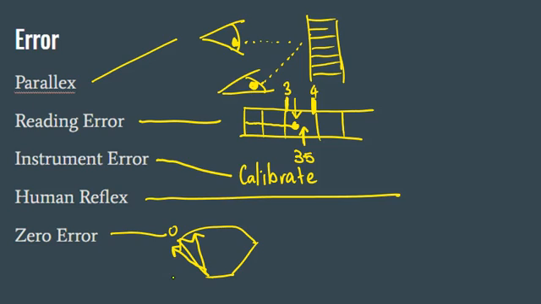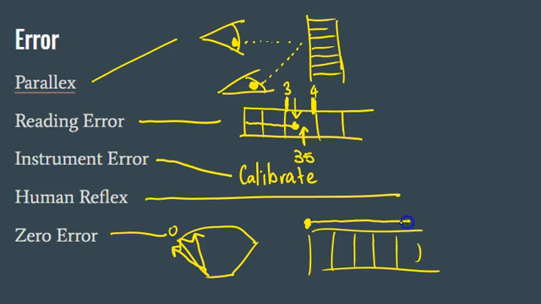So zero error means that you make sure that your scale is set perfectly to 0 before you measure whatever you're putting onto it. In the case of a ruler, that means that when you're measuring something, you place it at the 0 part of your ruler. You don't start it somewhere along here and measure where it comes to. You make sure that it is starting at the 0 part of your ruler.